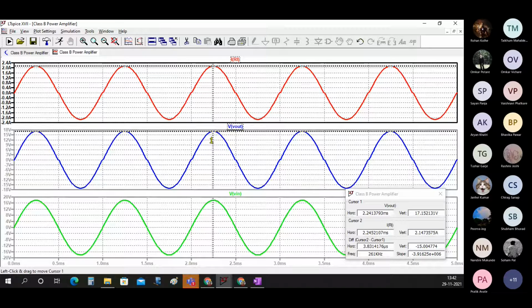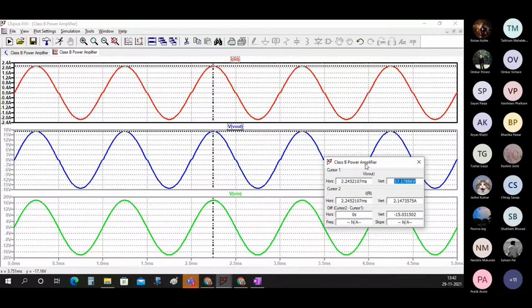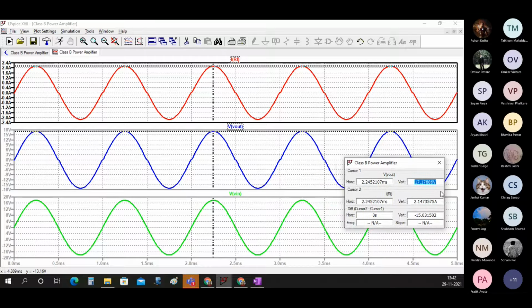We can just measure. This is the voltage and this is the current. You can see here 17.17 and 2.14. So current is the same value, but now we also require the voltage.